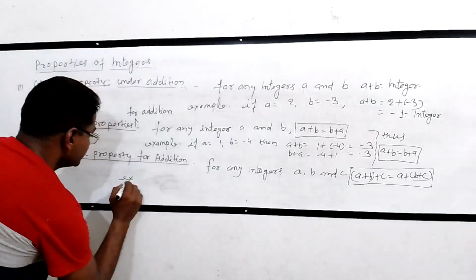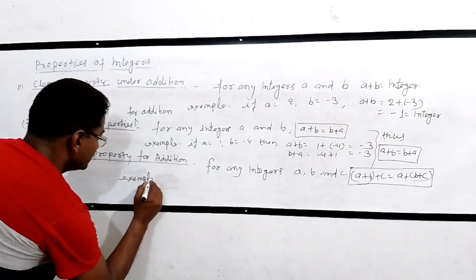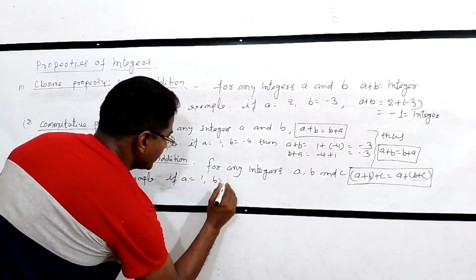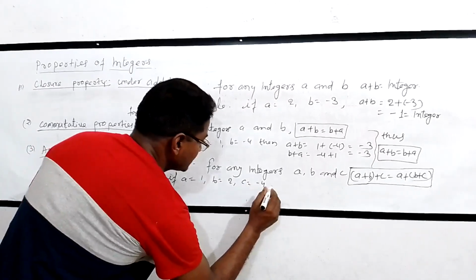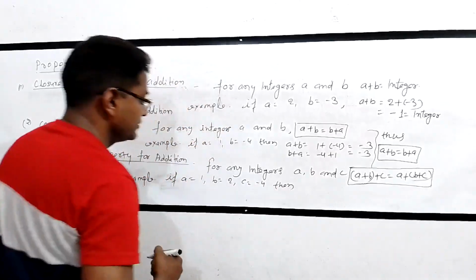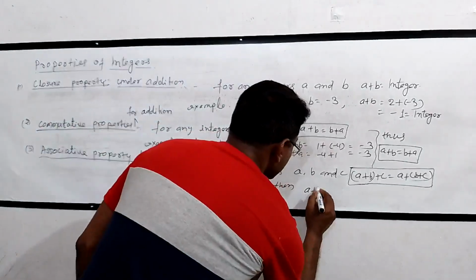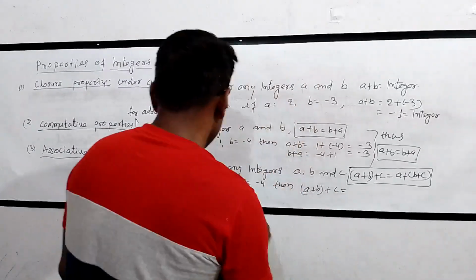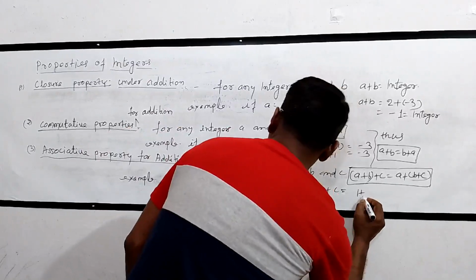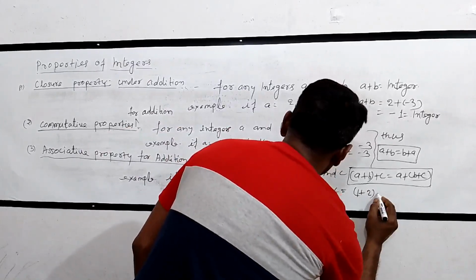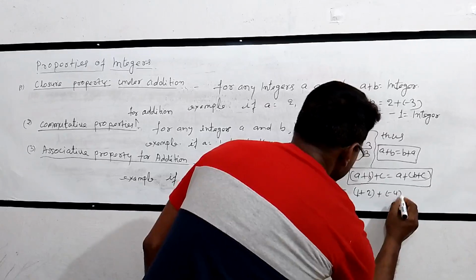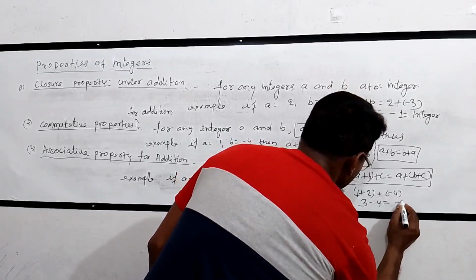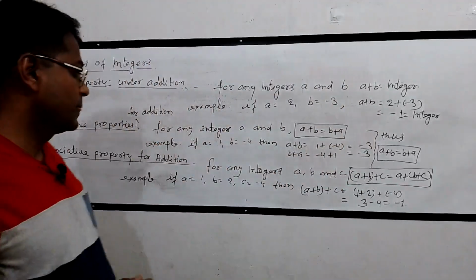Example: if a is equal to 1, b is equal to 2, c is equal to minus 4, then a plus b plus c is equal to 1 plus 2 plus minus 4, which is equal to 3 minus 4, which is equal to minus 1.